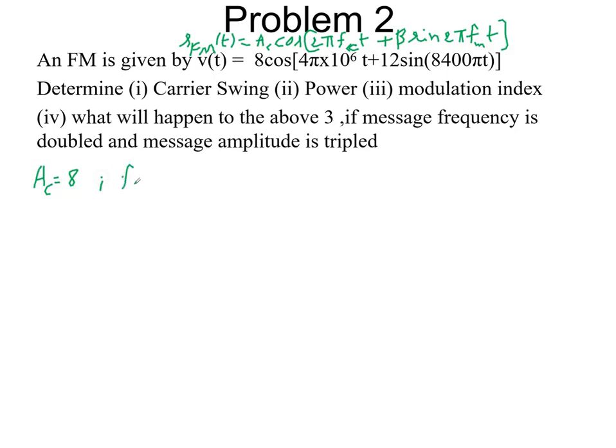Your carrier frequency is 2 into 10 power 6 hertz for the current case. Then the modulation index beta is 12. Then your message frequency fm: 2 pi fm equals 8400 pi, so it is 4200 hertz.